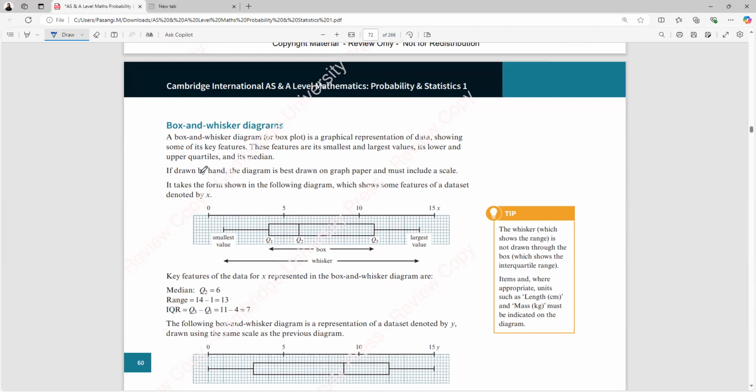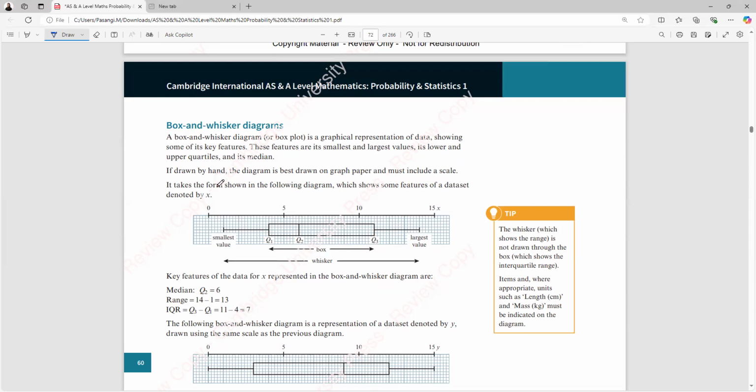Now, if drawn by hand, the diagram is best drawn on graph paper and must include a scale as well.